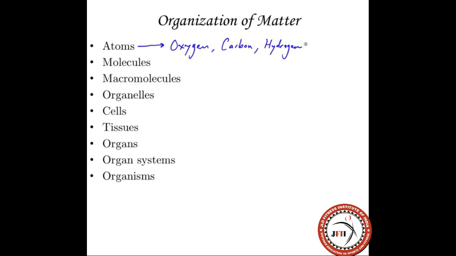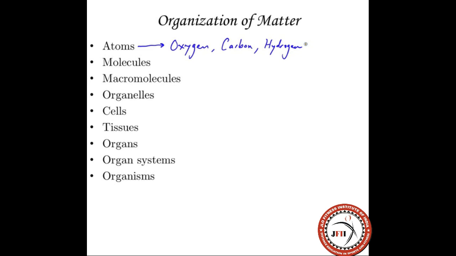So those three, most plentiful atoms in the human body. You're also going to see nitrogen, calcium, sodium, phosphorus, etc. And we could list them all, but yeah, those are the atoms. And of course, if you remember from a chemistry course, the inside of the atom is a nucleus with protons and neutrons, with electrons spinning around the outside.